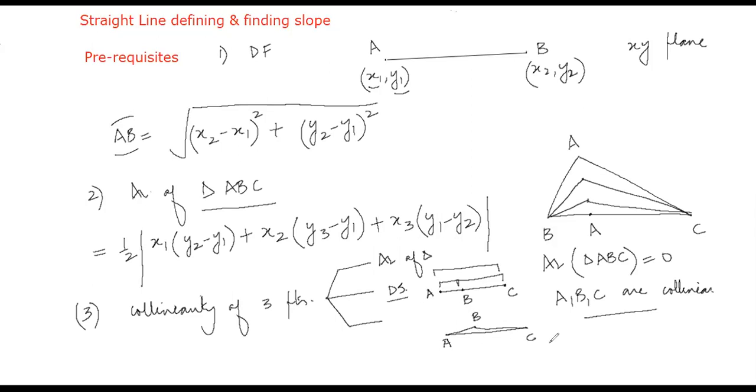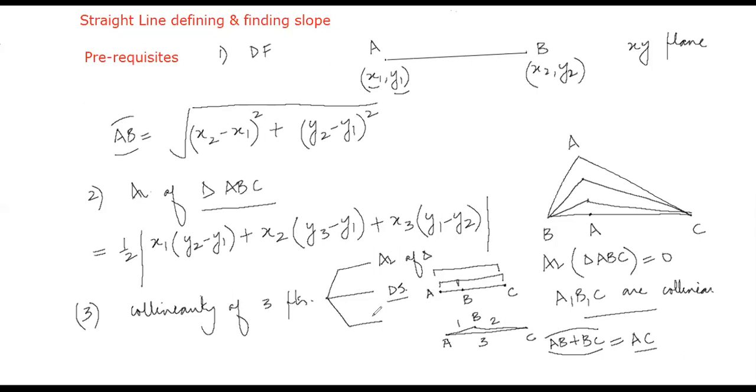The reason: two sides of a triangle, let's say this is one side, second side, and third side. The sum of two sides of a triangle would always be greater than the third side. So this is the way we take care of collinearity of 3 points by using the distance formula.